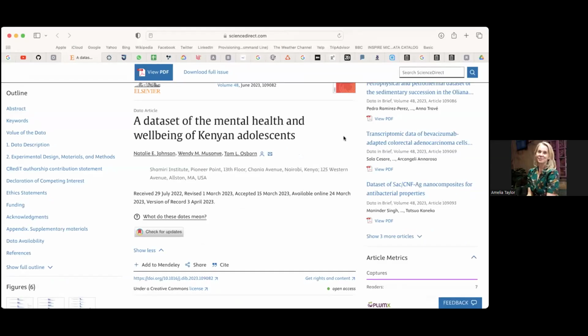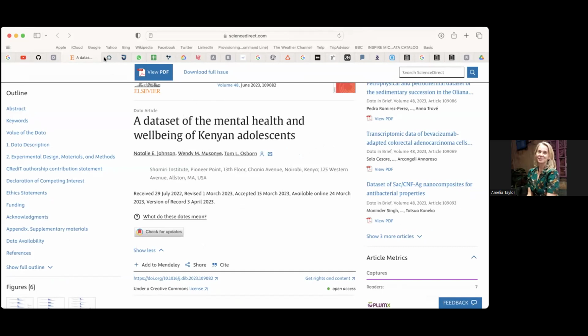This is a data set that I understand was discussed during these sessions, I don't know if I'm wrong or not. This was a paper, a study that looked at the mental health and well-being of Kenyan adolescents.